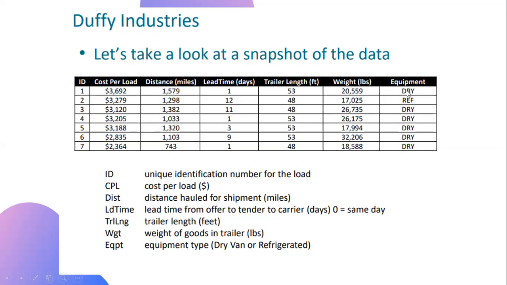By dummy variable, we basically mean, since there are only 2 values over here, one is dry and one is ref, you make one variable 0 and one variable 1. For example, in model 4, we are going to make all the ref values 1 and all the dry values 0. And that's how we are going to run the model.